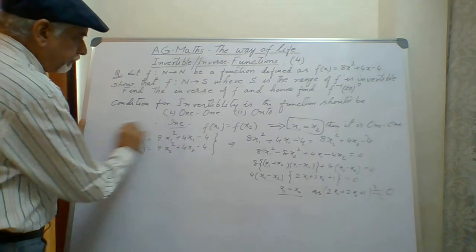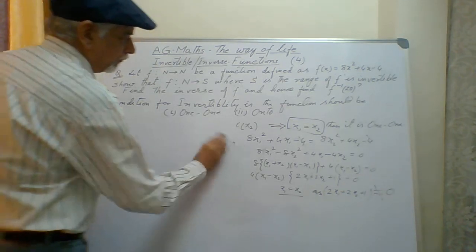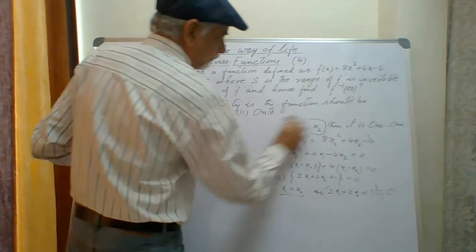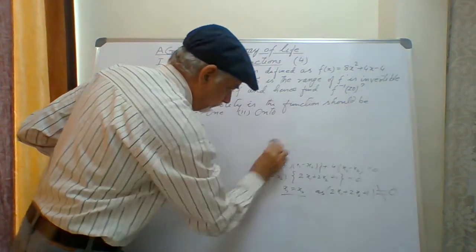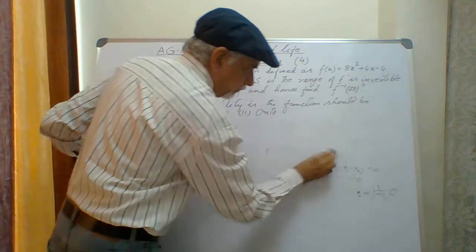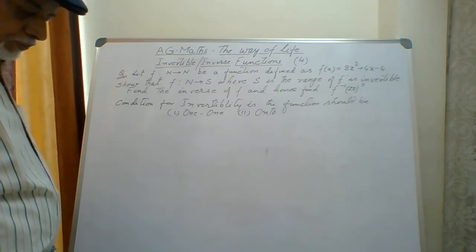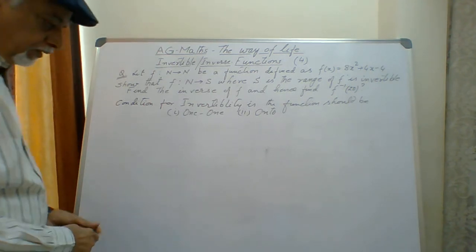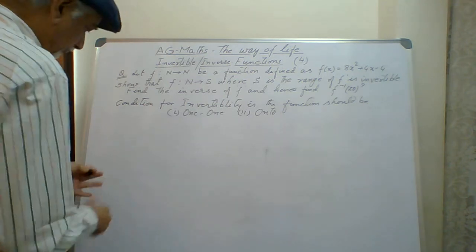Now the next part we have to prove is that the function is an onto function. So how do we go about that? Let's see. I'll work out that for your knowledge. What is onto?